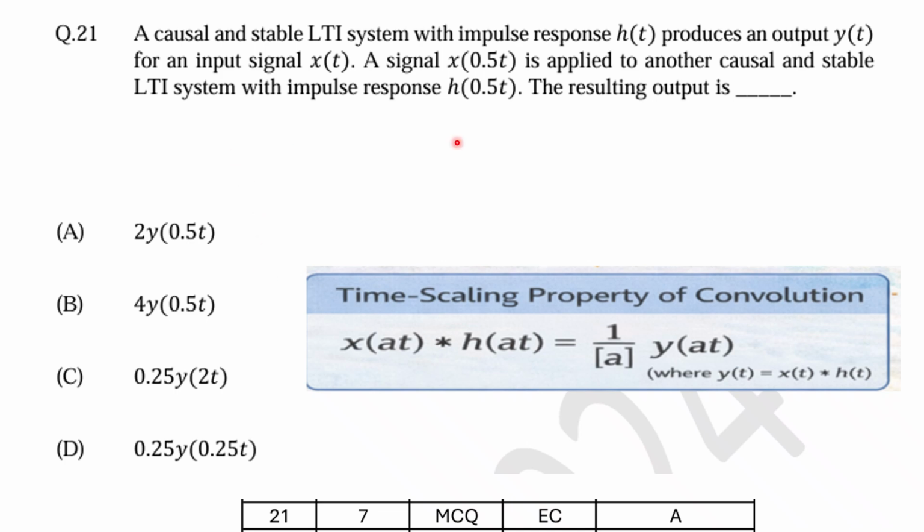So how can we find it out? Exactly, in the convolution term, since we have to find it in the time domain. Convolution means x(t) and h(t) are convolved, and in the frequency domain it will be the product of both, the input and the transfer function.